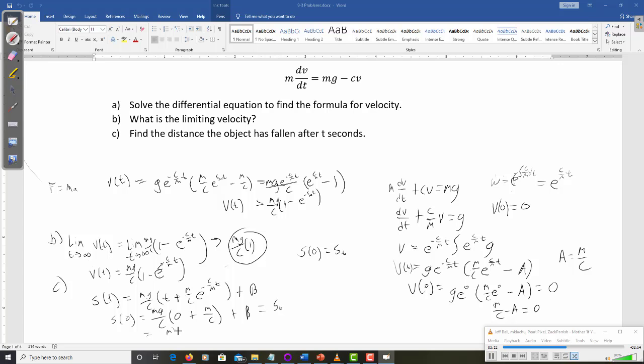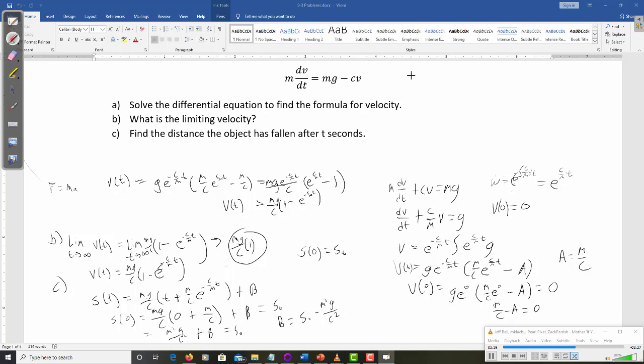That's going to be m squared g over c squared plus b equals s sub 0. So b is s sub 0 minus m squared g over c squared.